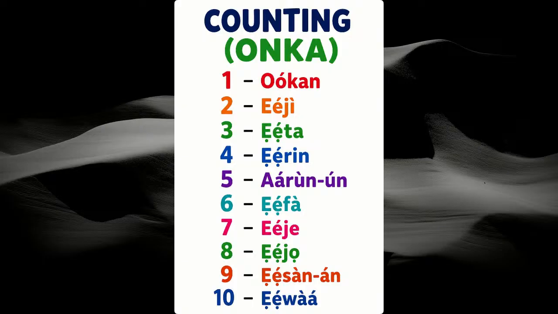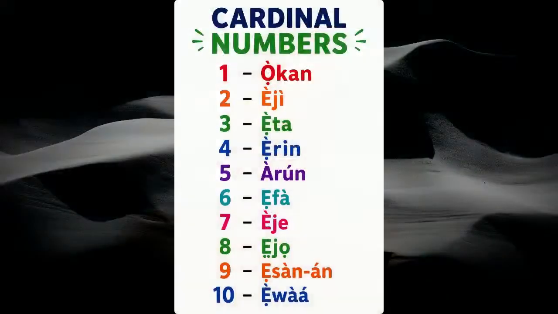We also count that way, but the most common one is ọ̀kan, èjì, ẹ̀ta, ẹ̀rin, àrún, ẹ̀fà, èje, ẹ̀jọ, ẹ̀sán, ẹ̀wá. This is the way we count, and this is the actual name of numbers in Yoruba, the cardinal numbers.